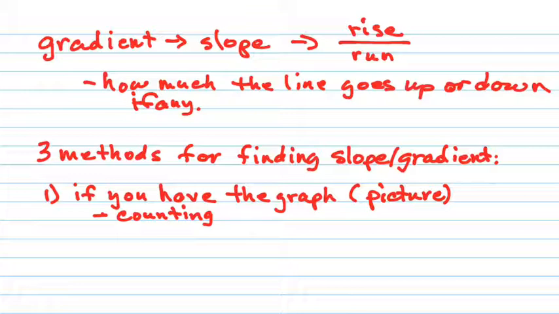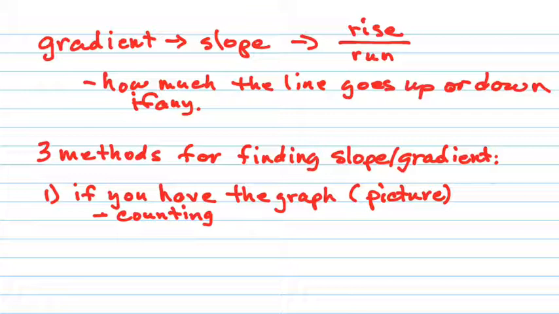Down. Run is how much it either goes to the left or the right. Yeah? Or right or left, whichever way you want to think about it. Okay? And remember that, so it's always rise over run. Well, that's backward from when we looked at a point yesterday. When we looked at coordinates, we always did right or left first and up or down second, right? But for slope or gradient, it's the other way around.